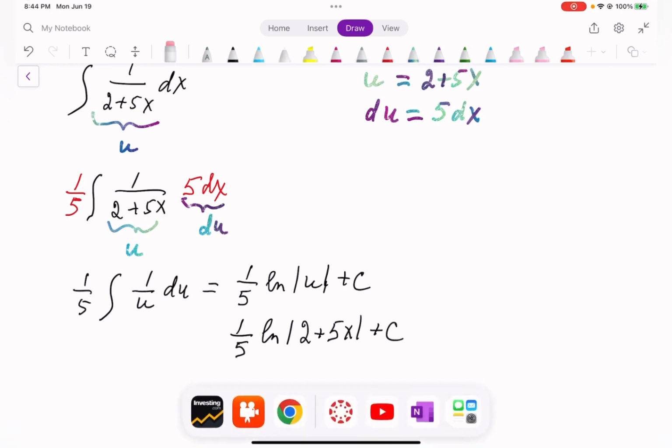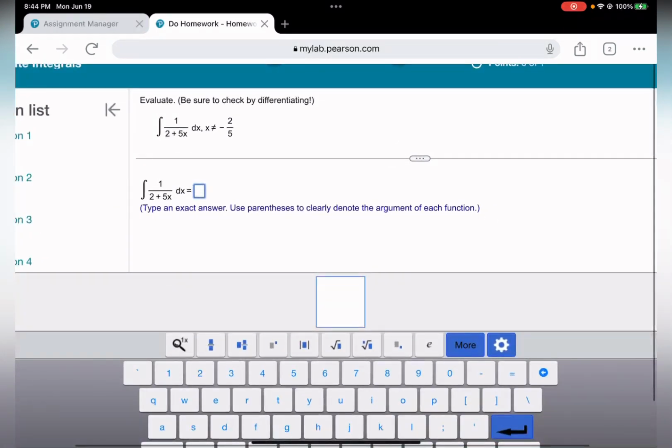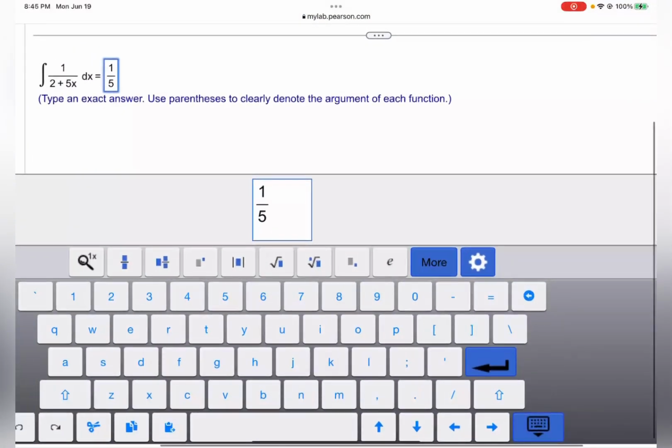Let me put it back. So this is going to be 1/5, okay, natural log. I thought it's supposed to be L. No. Hold on, I cannot find the letter.